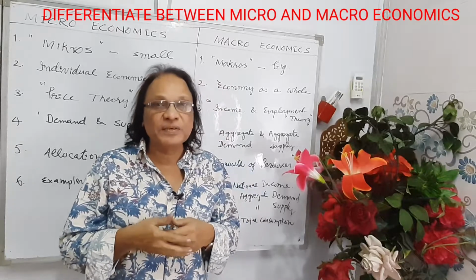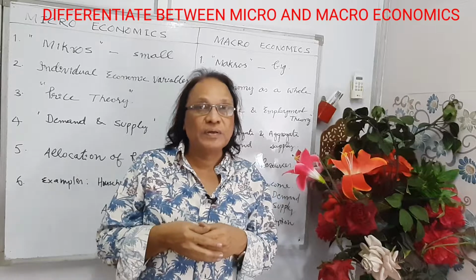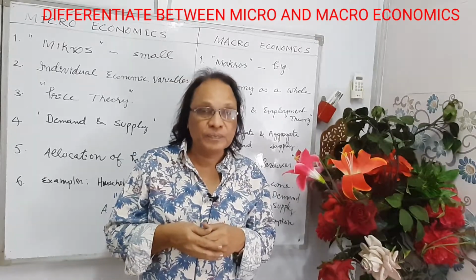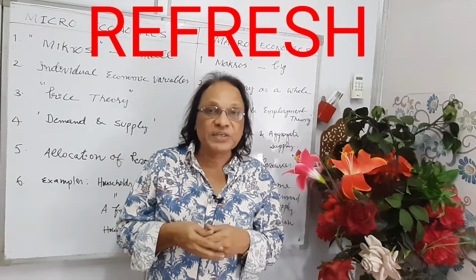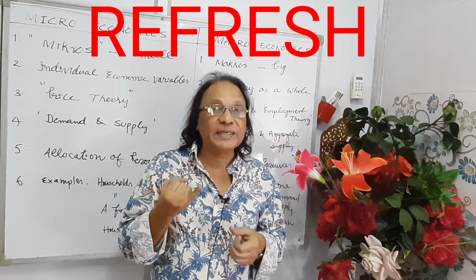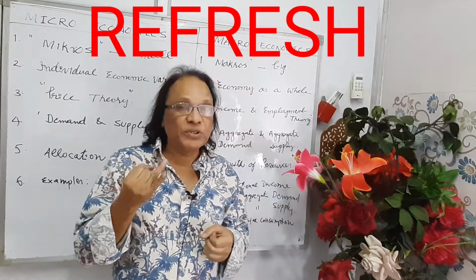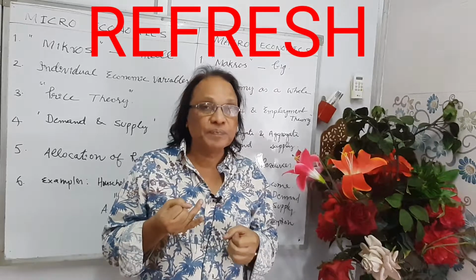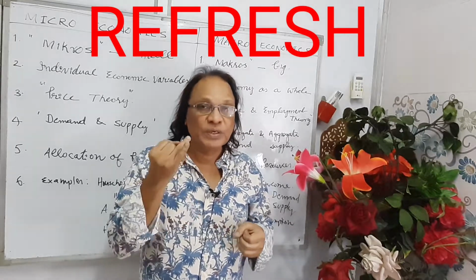Today we are discussing the first unit of microeconomics for class 11. In the earlier episodes, we discussed number 1, what exactly is the basic economic problem? Number 2, the central problems of the economy: what to produce, how to produce, for whom to produce.